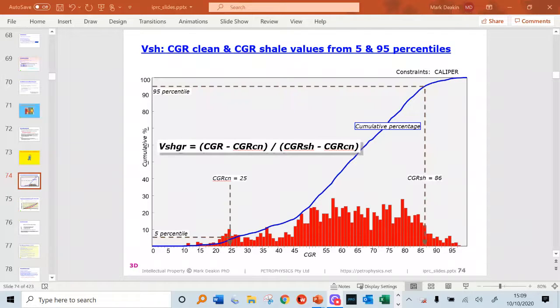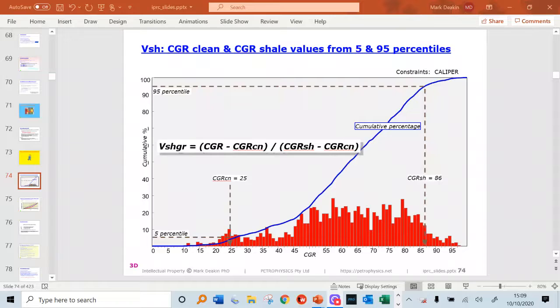When this parameter, corrected gamma ray, has gone to a value of 86, then we can say, well, that's a fully developed shale. And all you do is you have a simple equation, which is this one here, and you say that here are the two end members, right? Here's CGR shale, which is this one, CGR clean, which is this one, and as the parameter that you're monitoring, this one, moves between that and that, you get this equation moves between 0 and 1.